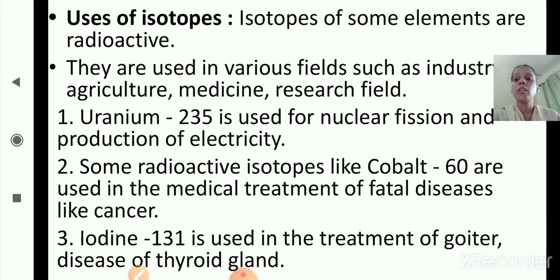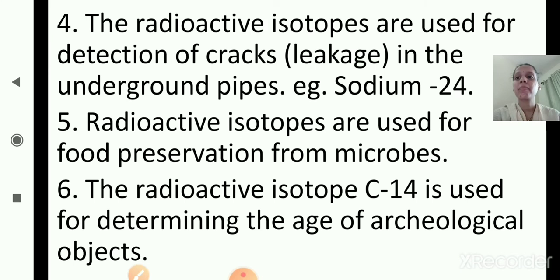Fourth, radioactive isotopes are used for detection of cracks, that is leakages, in underground pipes. Example, sodium-24 is used for detection of leakages or cracks in underground pipes.